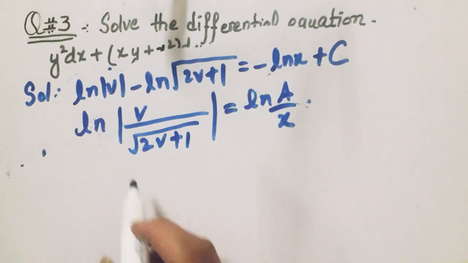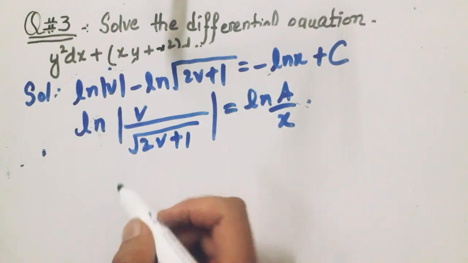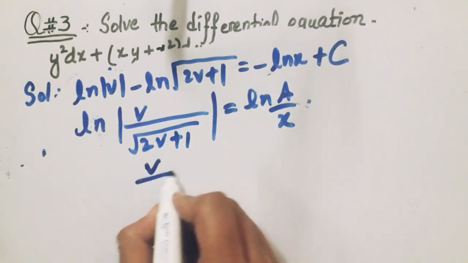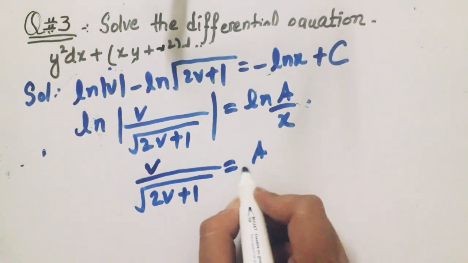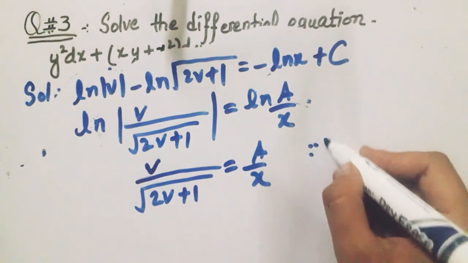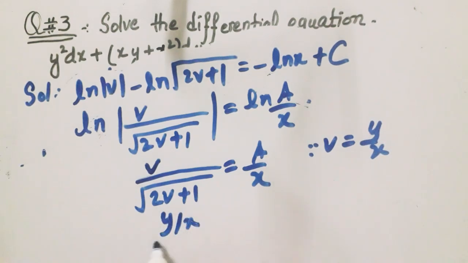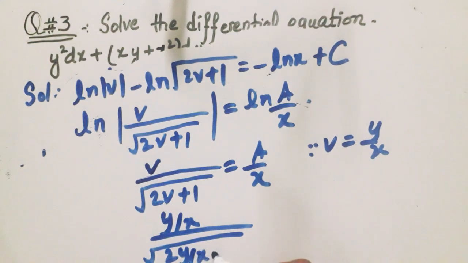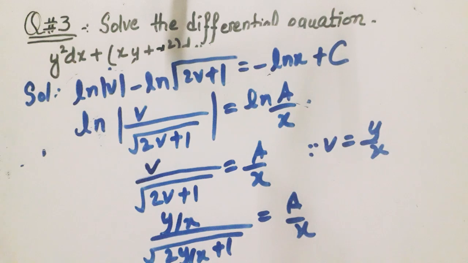Next, we will cancel the ln on both sides and get v by square root of (2v plus 1) is equal to a by x. Now again substitute v, since v is equal to y by x, so (y by x) divided by square root of (2 y by x plus 1) is equal to a by x.